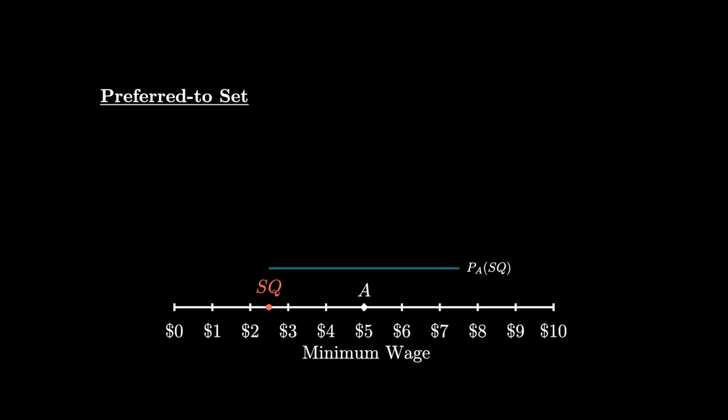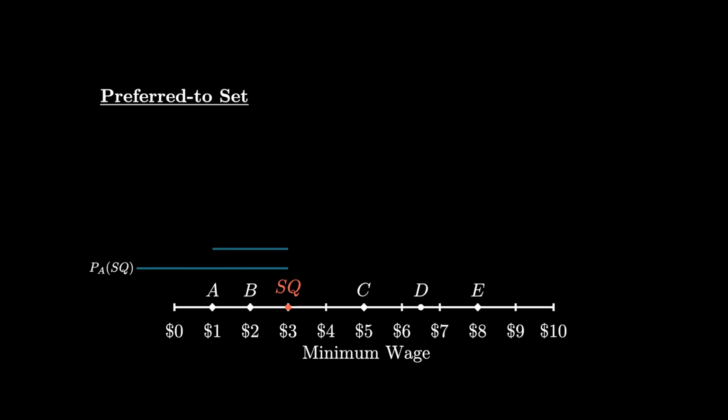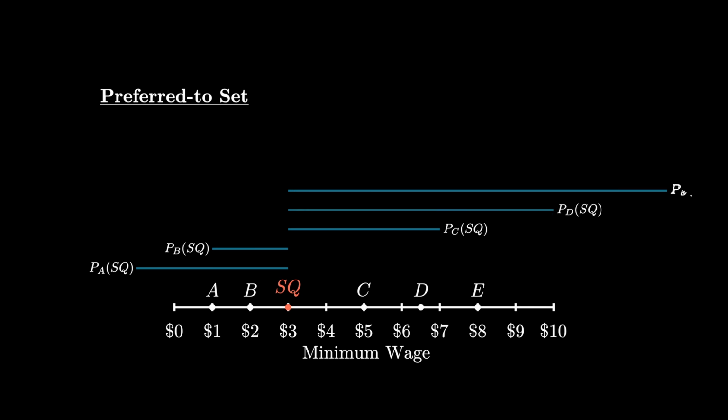With this definition in hand, we can go back to our model of a full legislature of 5 legislators, A through E. We can build up the preferred two-set for all 5 legislators and determine all of the policies that win using majority rule. The set of policies that can win using majority rule is the set of policies that a majority of legislators prefers to the status quo.